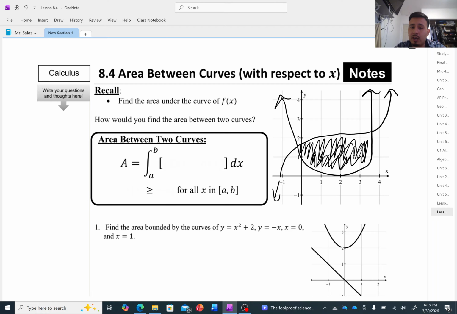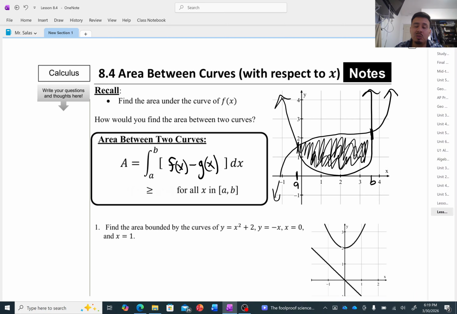Well, luckily for us, the integral bounded between some value a and some value b is going to be our first function, f of x, minus our second function, g of x, where f of x is going to be called the higher curve and g of x is going to be considered the lower curve.